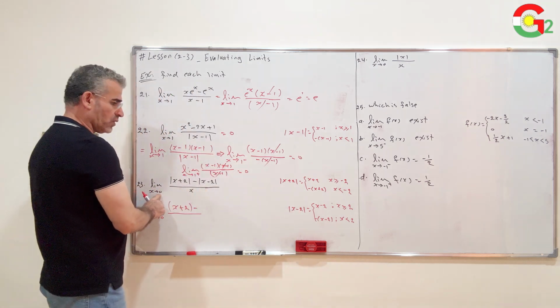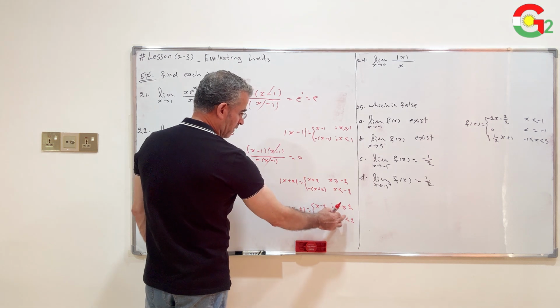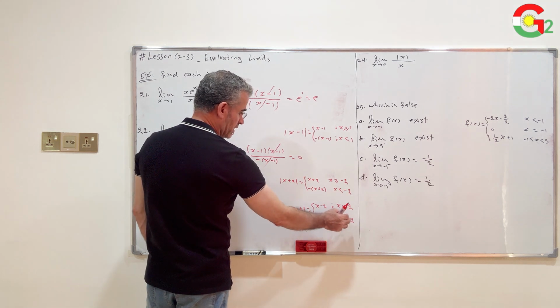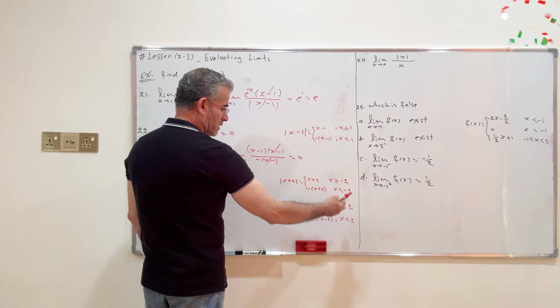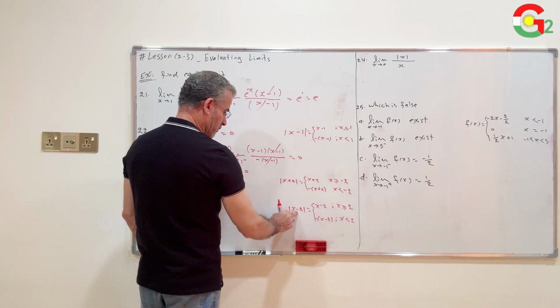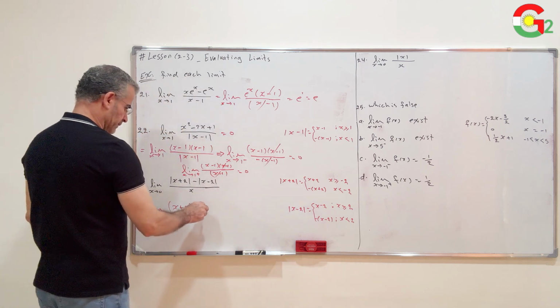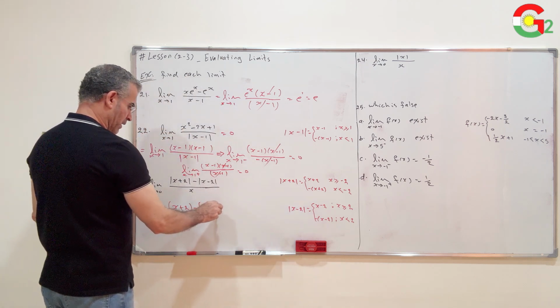When x approaches 0, does it belong to this interval or this interval? 0 is less than 2. Then substitute the absolute value of x - 2 with negative (x - 2).